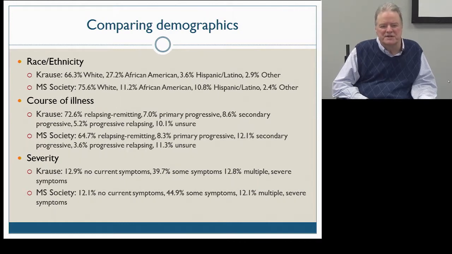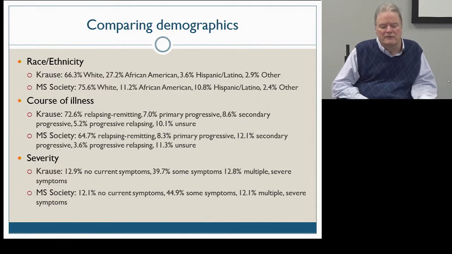So there's a comparison to demographics. I'll put it up there. Basically, they were relatively similar in a lot of ways. Even though the MS Society study targeted minorities, there was actually a higher percentage of African Americans in the study that is conducted as part of the Rehabilitation Research and Training Center.